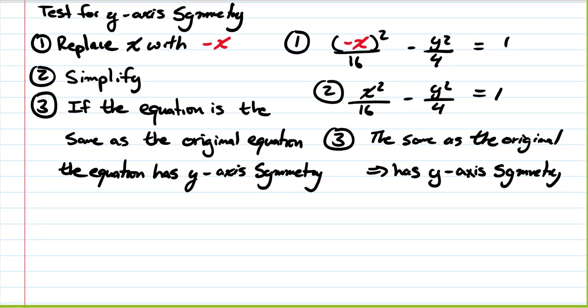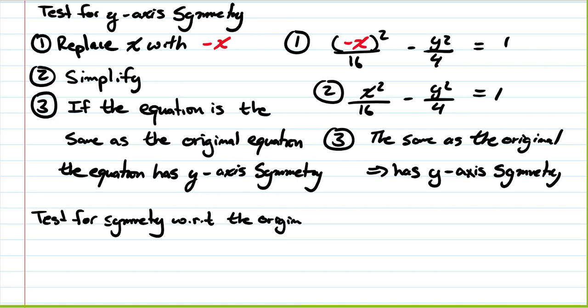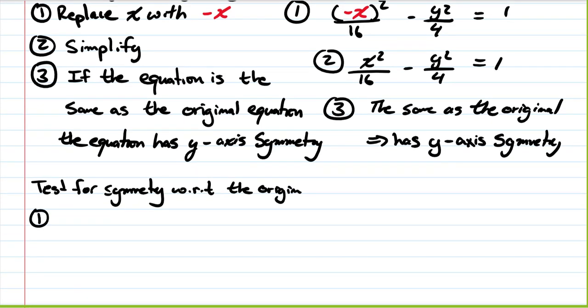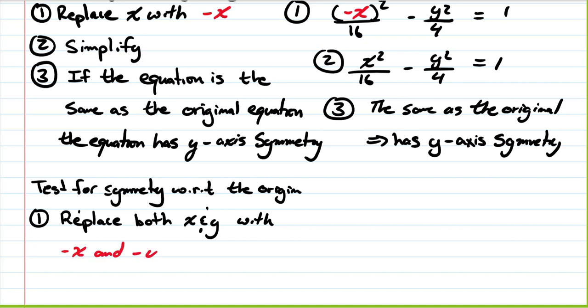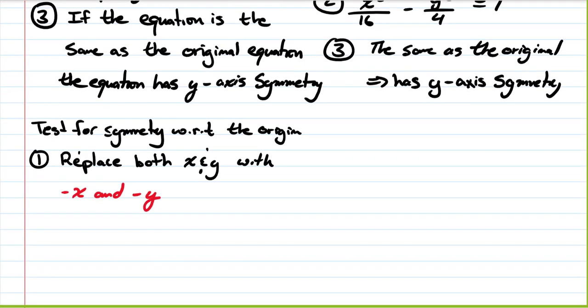So the test for symmetry with respect to the origin: 1, we're going to replace both x and y with negative x and negative y. And then everything else is exactly the same.